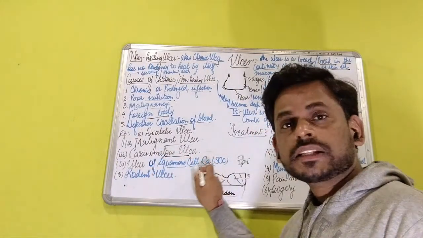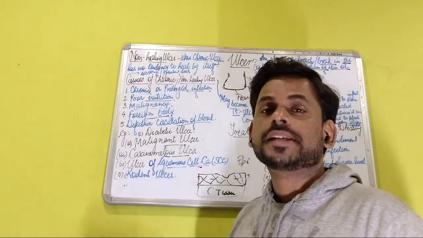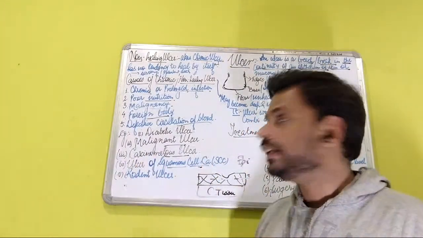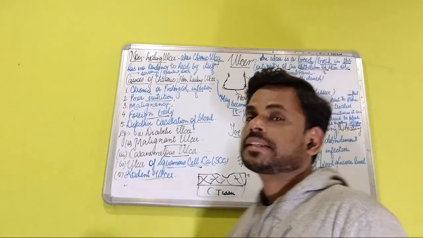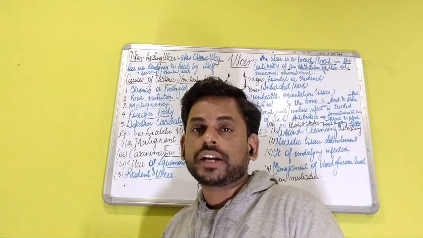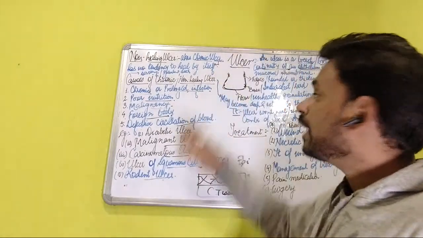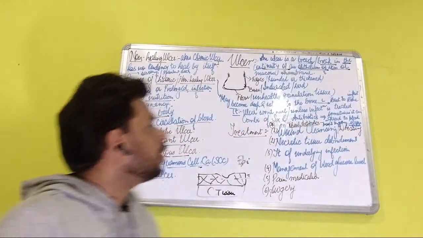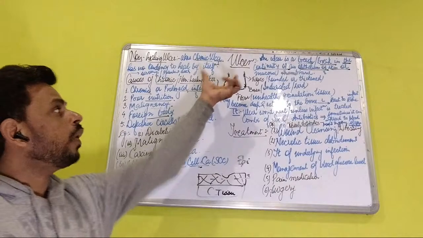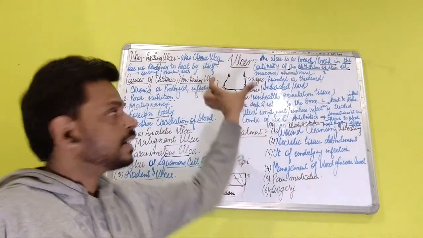And in squamous cell carcinoma, the ulcer that is present is also a non-healing ulcer. Apart from this, last but not the least, in cases of rodent ulcer, we find that the ulcer is non-healing. Now we'll study how a non-healing ulcer is made up.